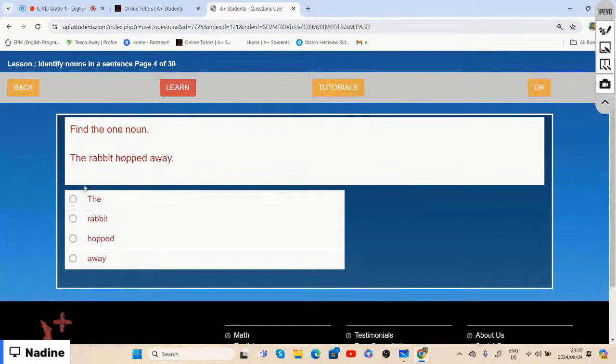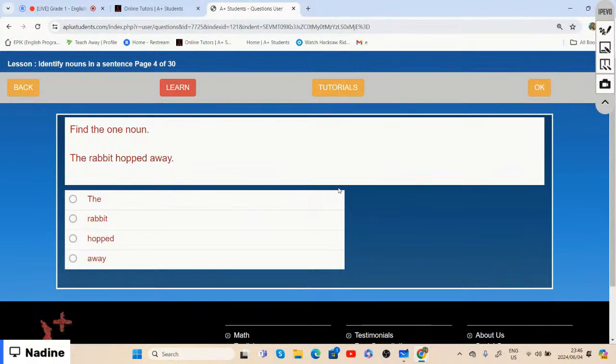The rabbit hopped away. We need to identify our noun within that sentence. Who hopped away, or what hopped away? So we need to find the noun within the sentence.